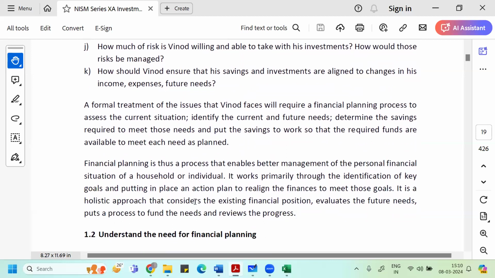So basically, financial planning is a process that helps us assess our present financial situation, so that we can better manage our personal finances by working on the key elements which help us attain our goals in the long run. That is the agenda we need to see whenever we work on our financial planning, dreams and obligations.